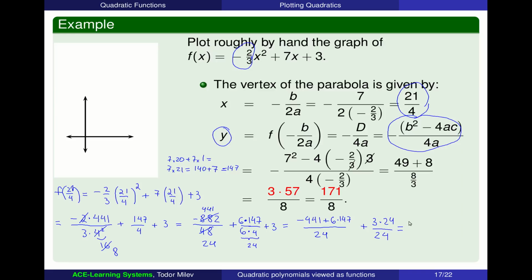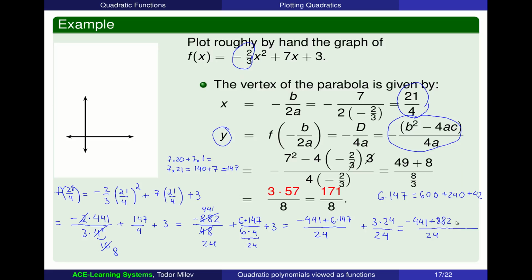Okay, so let's proceed. Minus 441, 6 times 147, what's that equal to? Well, 6 times 100 is 600, 6 times 40 is 240, and 6 times 7 is 42. So I get 882. So plus 882, the whole thing divided by 24, and 3 times 24. So I can put things in the common denominator.